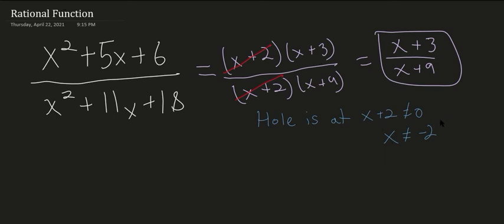We just plug in negative 2 into this simplified equation. So we get negative 2 plus 3 over negative 2 plus 9, and what we get is 1 over 7. So our hole is at the point negative 2, 1/7.